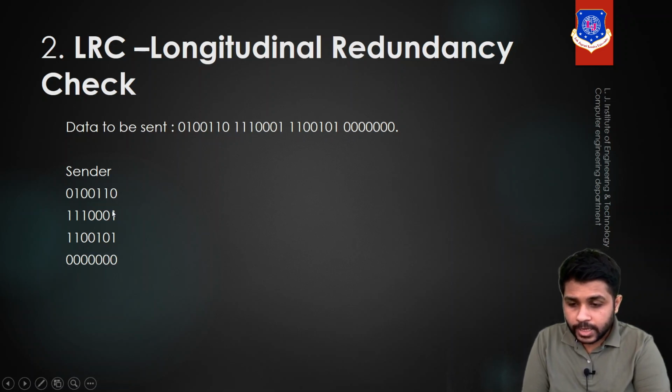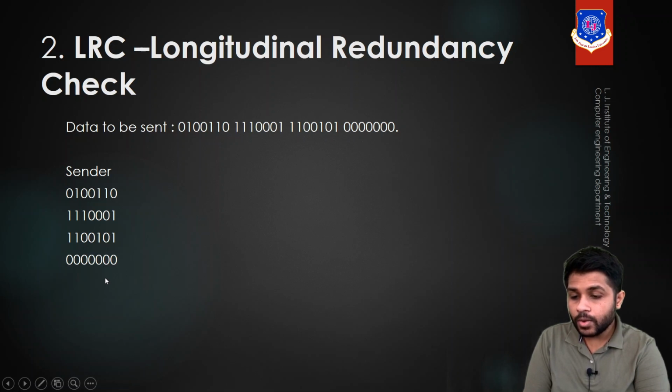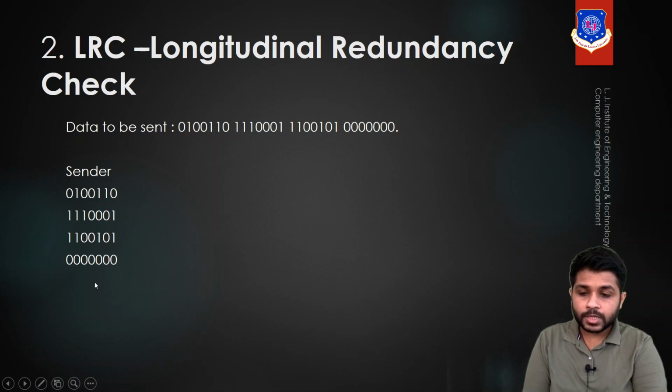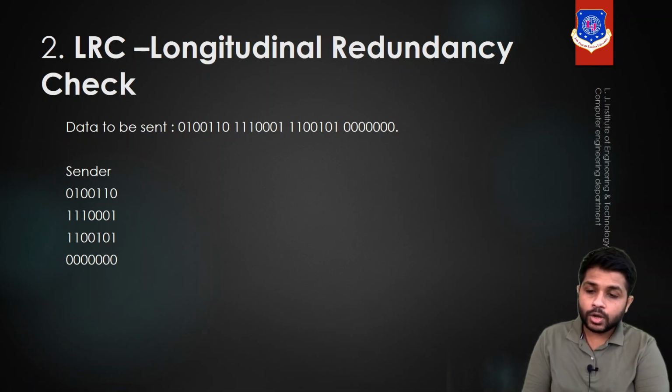So we will check the first column. In the first column, the total number of ones is even, so we will add 0. In the second column, the total number of ones is odd, so we will add 1 here. In the third column, the total number of ones is even, so we will add 0 at the end of the column.